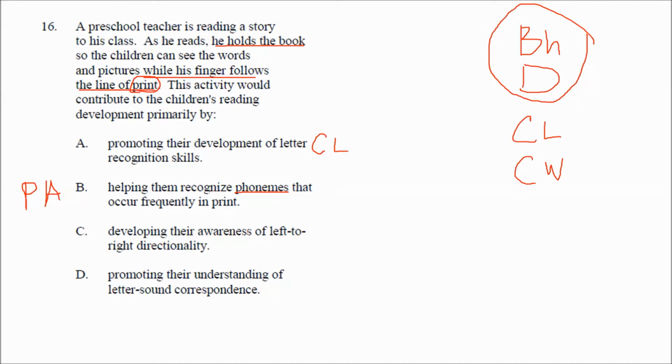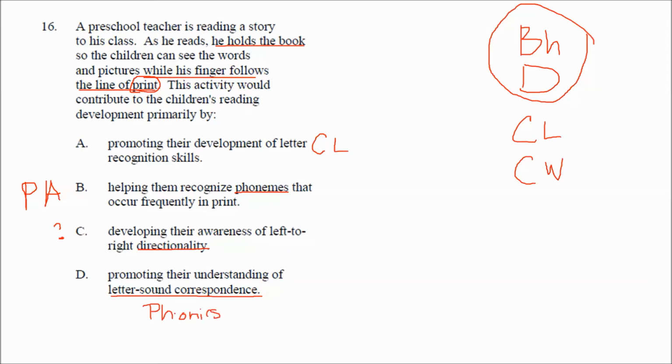Developing their awareness of left to right directionality, where here we have one that's directionality. Yes, magic maybe. Promoting their understanding of letter sound correspondence. Letter sound correspondence is phonics. It's phonics.